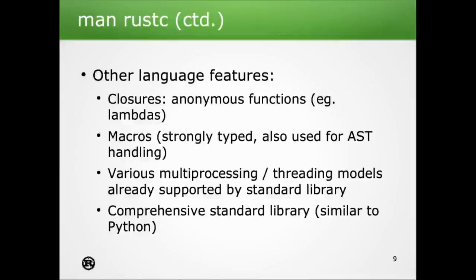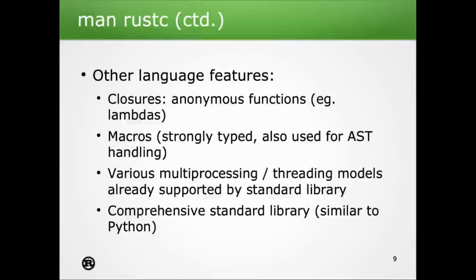Similar to Golang and other modern programming languages, you have multiple multiprocessing and threading models at your disposal, and in contrast to other languages, they are already supported by the standard library, meaning that similar to, for example, Golang, you have a concurrency model which allows you to implement multi-threaded programs pretty easily just using standard library functionality.